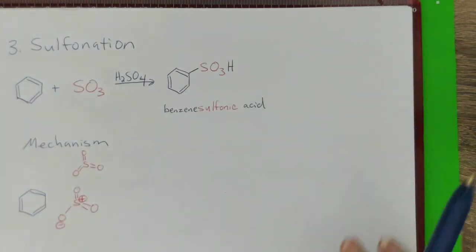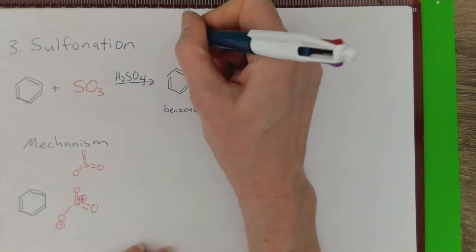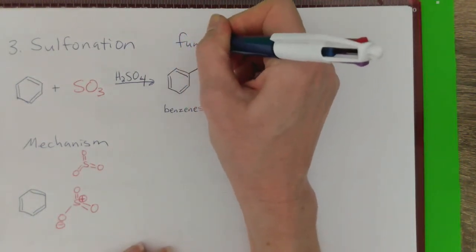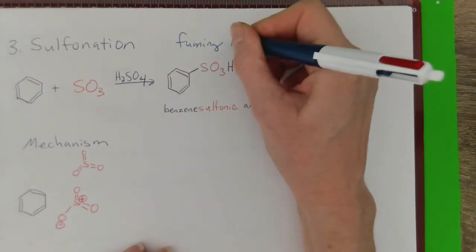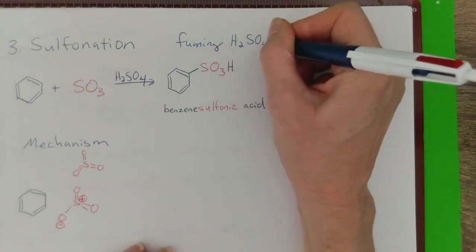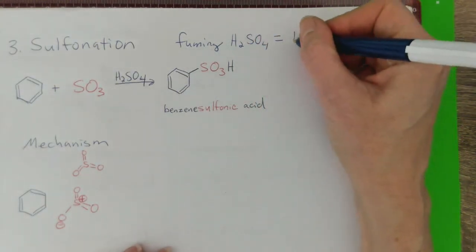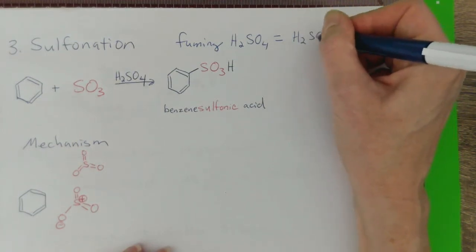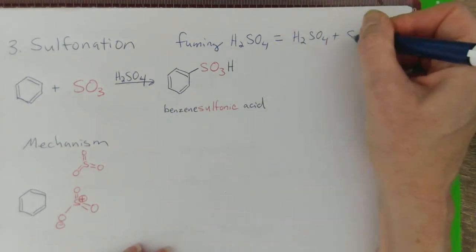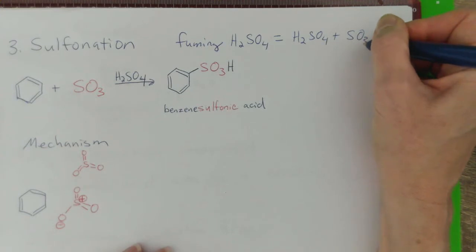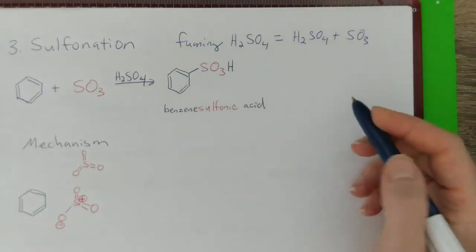All right, then let's talk about sulfonation. Sulfonation uses fuming sulfuric acid. And fuming sulfuric acid is just a mixture of sulfuric acid and sulfur trioxide gas, okay?